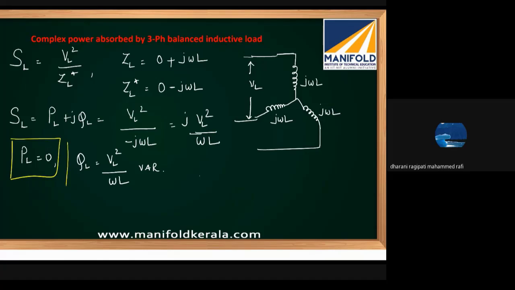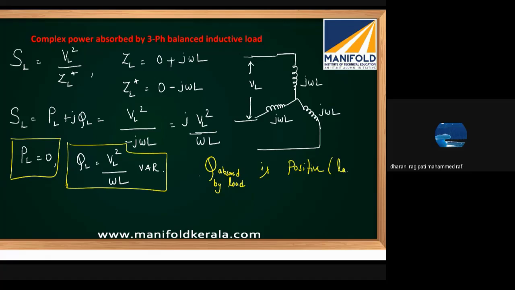The real power transmitted to a pure inductive load is 0, and this is the reactive power. Since the loads are purely inductive in nature, there is no real power transferred to the load. The reactive power absorbed by the load is positive.